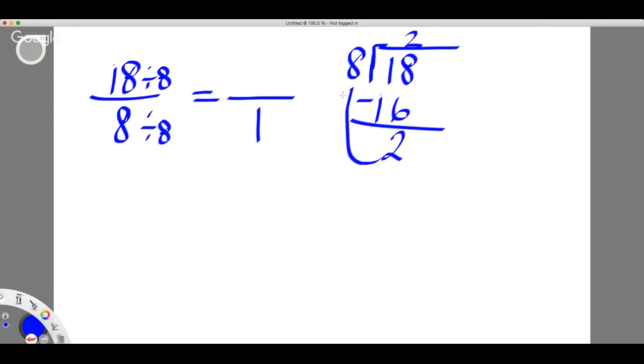2. Put the 2 over the 8. And sorry, that's 2/8. And we know 2/8, if we simplify it, divide by 2, divide by 2, that's going to be 1/4. Now 1/4, that's a quarter, right?